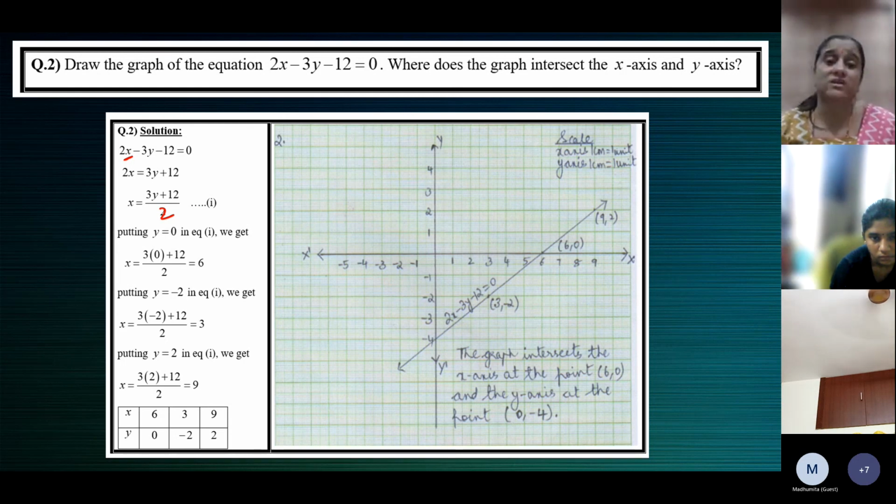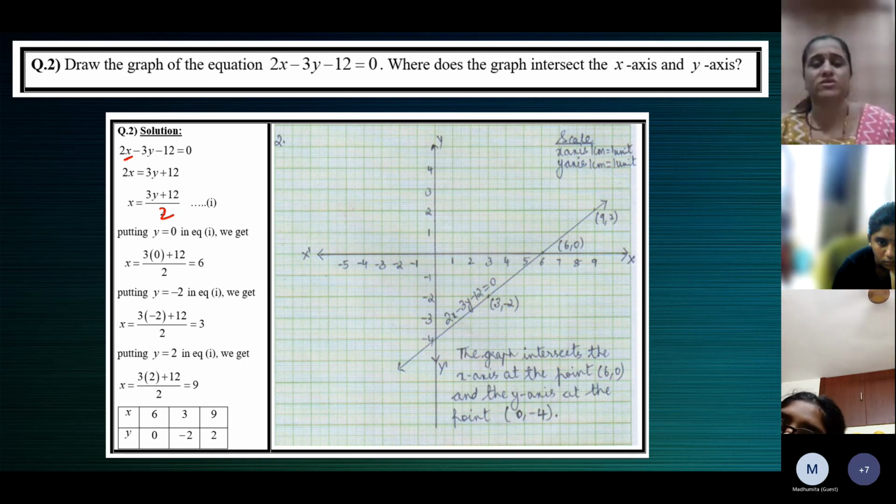But if it is 10 by 3, which is 3.333 recurring, and we can't avoid it, then we'll take approximately 3.3 or 3.4. You can only show 3.3 or 3.4. You cannot show between that.